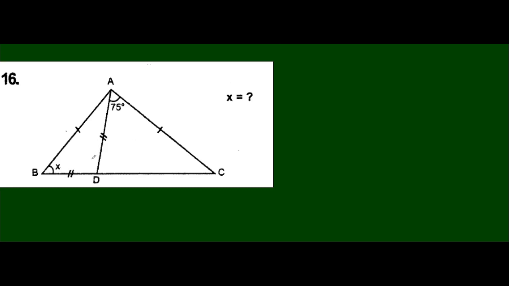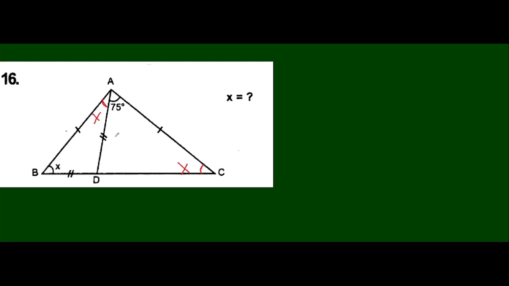So these AB and AC, two sides are equal, so this angle will also be x, and this angle will also be x, because these sides BD and DA are also equal.